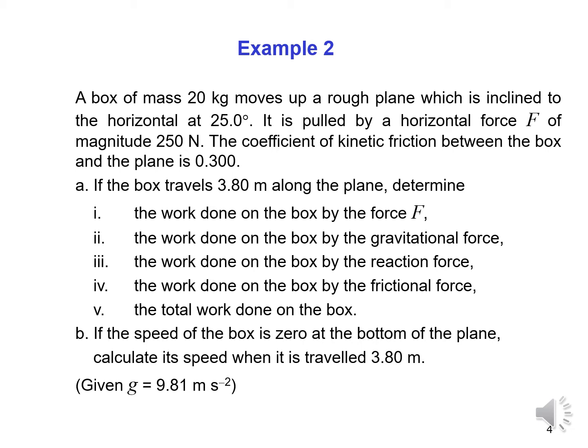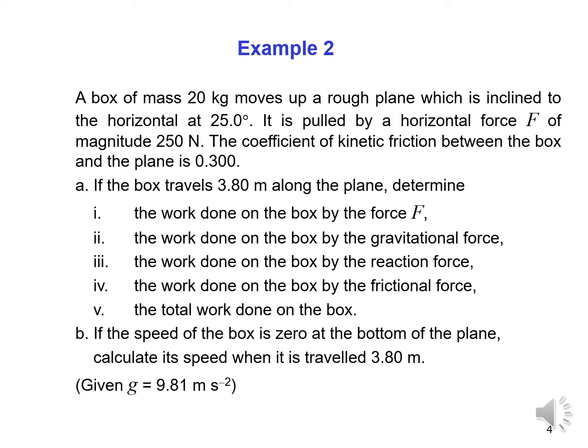For question A, if the box travels 3.8 meters along the plane, determine the work done on the box by force F, the work done by the gravitational force, the work done by the reaction force, the work done by the frictional force, and finally the total work done on the box.